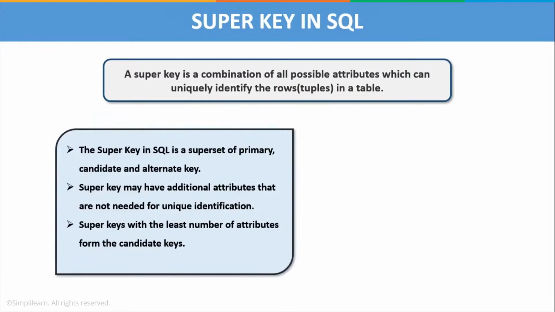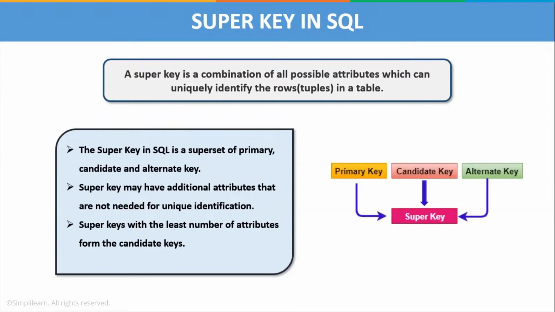A super key in SQL is a superset of primary key, candidate key and alternate key. That means basically it is a combination of all the keys such as primary, candidate and alternate keys. As discussed, a super key will have additional attributes that are not needed for any unique identification. And finally, super keys with the least number of attributes form the candidate keys.